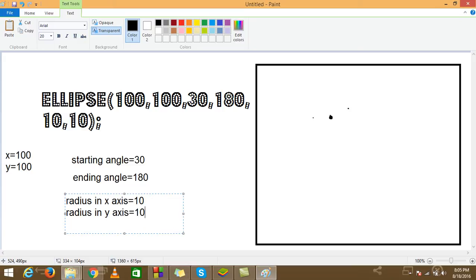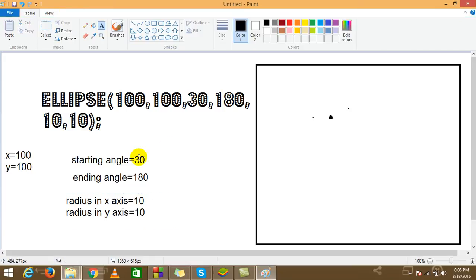We all know that for drawing a circle we need a particular radius, and for drawing an ellipse also we need a radius. As you know, a circle's radius is the same in any direction. Whether you calculate from the x axis or y axis, its radius is going to be the same. But in an ellipse we are mentioning the starting angle, ending angle, and we are even giving its radius explicitly in both x and y axis, so that our ellipse is not going to be exactly round.